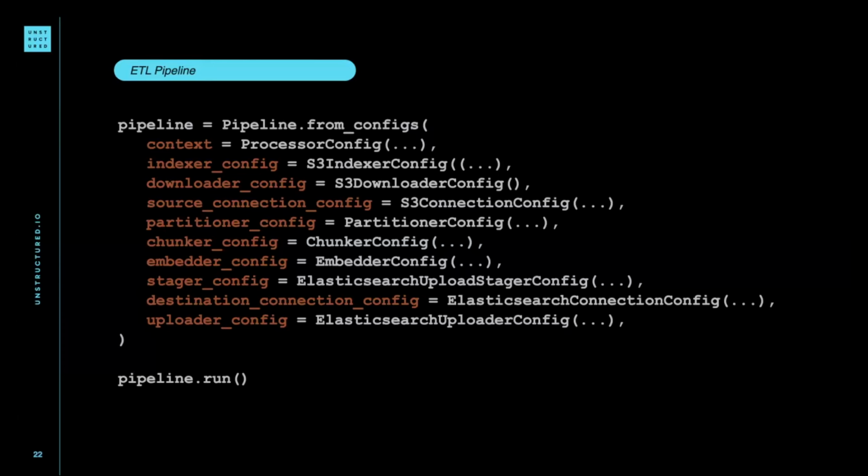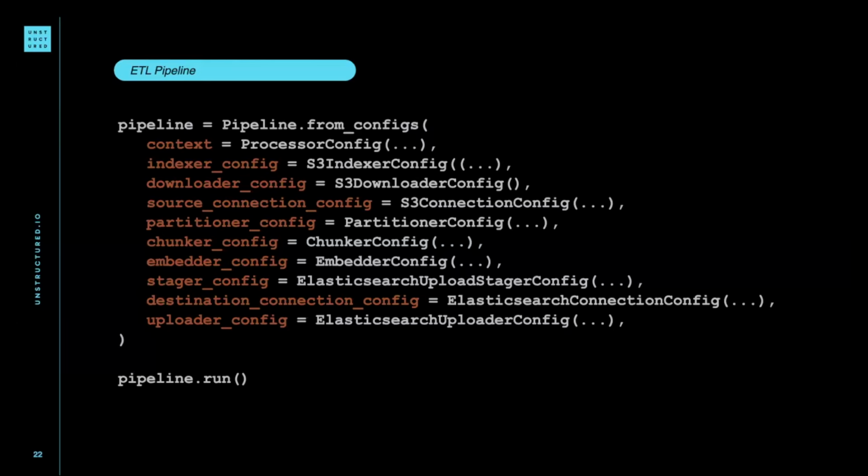In the S3 indexing config, I'm going to specify where my bucket is, so the bucket URL. The downloader config I usually leave as default, but you can change the download path for the temporary downloaded PDFs or the documents using this config. Then you have the connection config where you set up your authentication parameters.